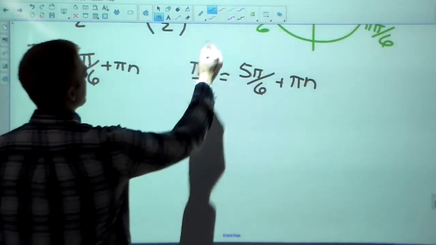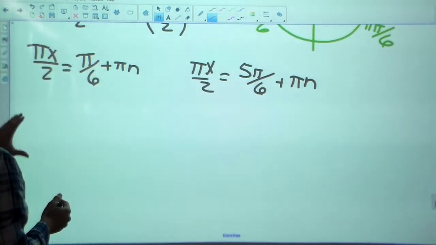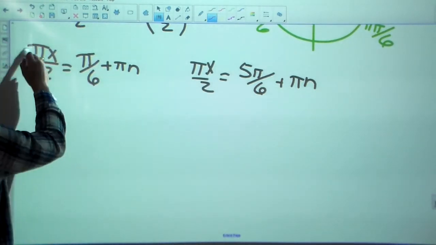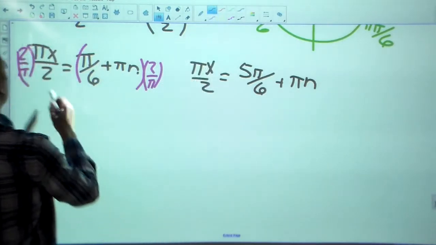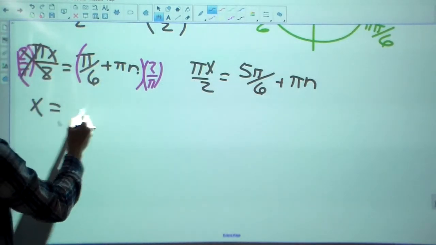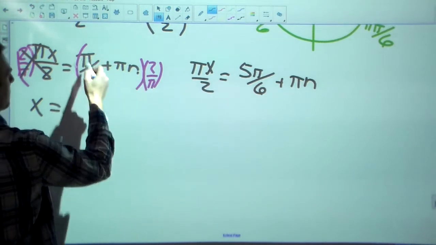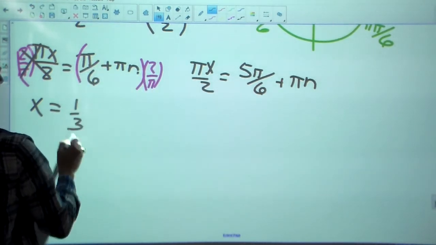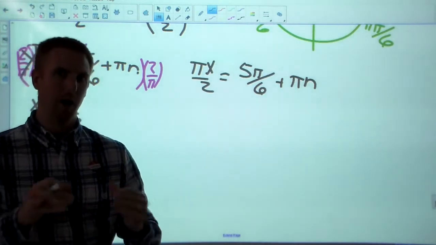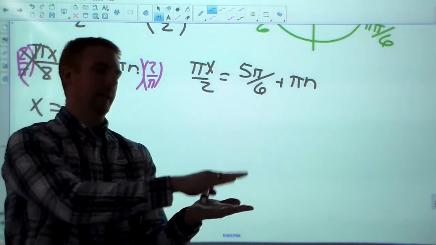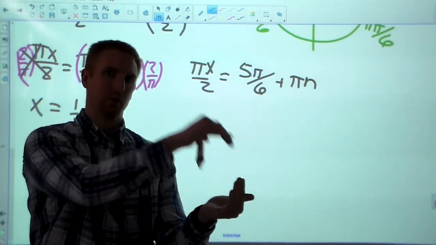So to finish this up, I'm going to multiply by 2 over pi. And that's distributed on the right side. So the pi's would cancel out here, and that's going to be 1/3. This is kind of weird, but radians don't necessarily have to have pi. A lot of times we have pi with those. Remember, 1 radian is the radius stretched across the circumference of the circle.